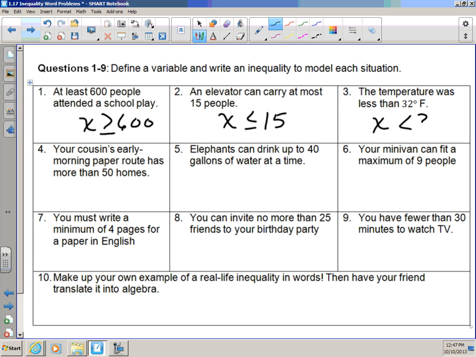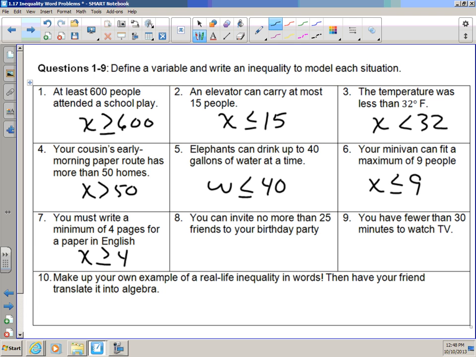I am always using x as my variable. Can I use different variables? Sure. If I'm doing temperature, I can use t. If I'm doing homes, I can use h. It really doesn't matter. What you're going to see shortly is the key is that we identify what our variable is. And the last one.